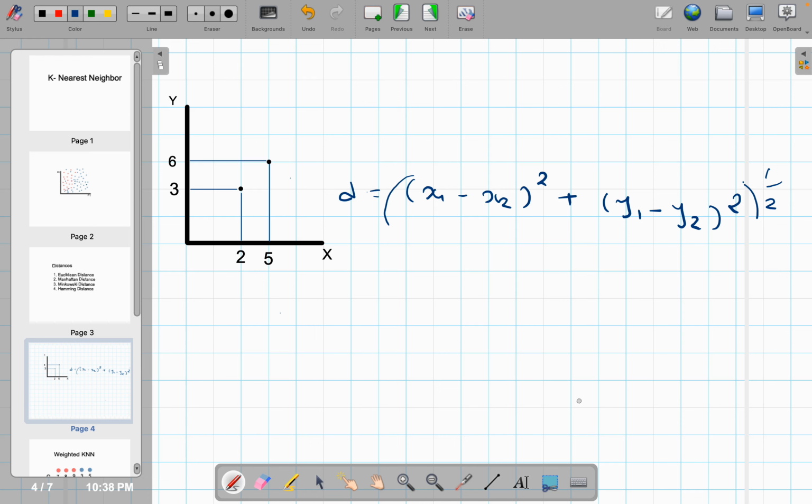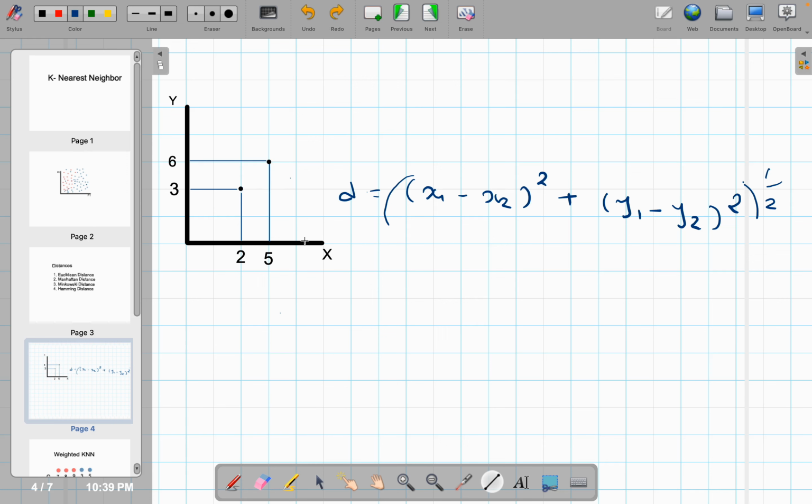If we talk about the Manhattan distance, it is like not taking a square, it is just summing these. So Manhattan distance would be like this plus this. So this would be your Manhattan distance.